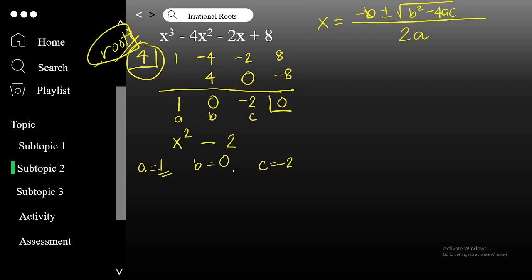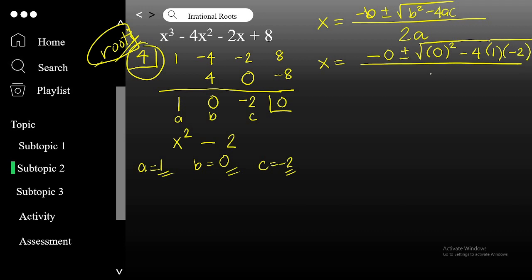These 3 values will be substituted into the quadratic formula. So we now have x equal to -b, that's -0, plus minus the square root of b squared, that's 0 squared, minus 4a, that's 1, c, that's -2, all over 2a, that's 2 times 1.